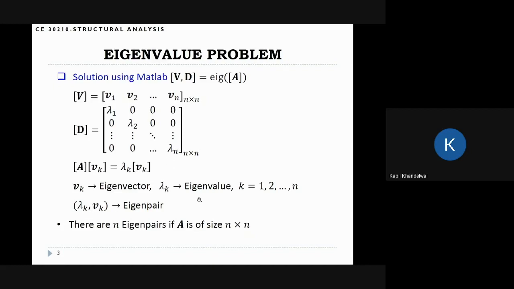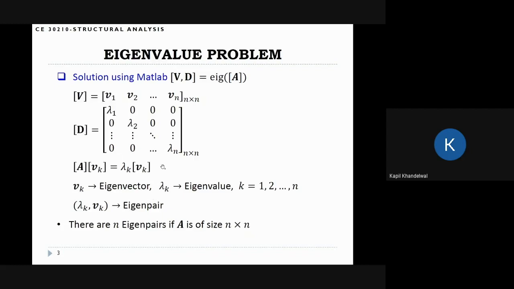If you think very carefully, for a matrix of size n by n, you will have n eigenvalues and n eigenvectors, okay? And they go in pairs. So v1 corresponds to lambda 1, v2 corresponds to lambda 2, and vn corresponds to lambda n. Just be careful when you associate these pairs together.